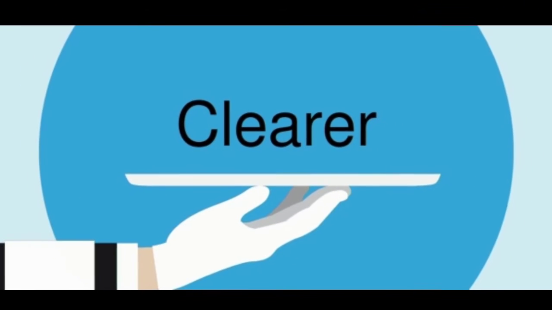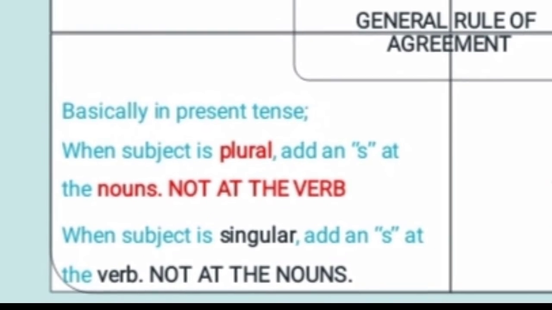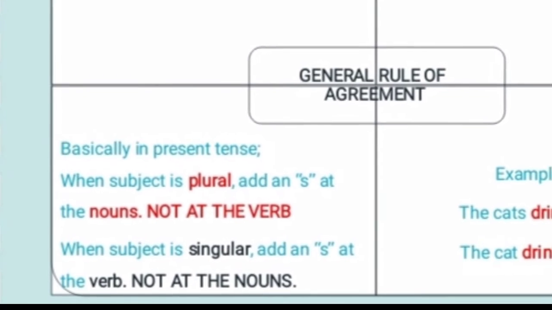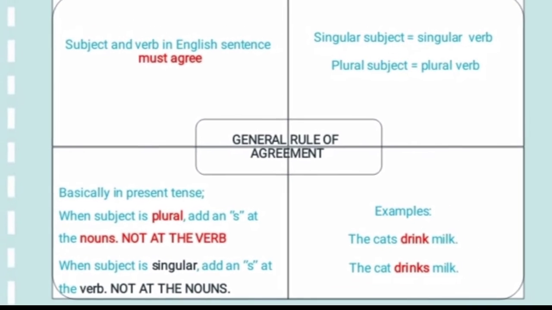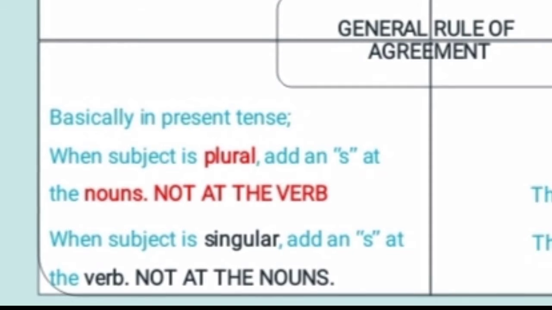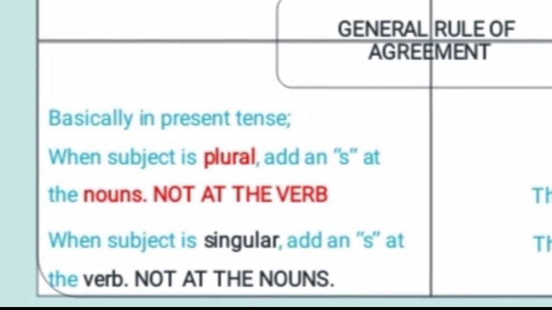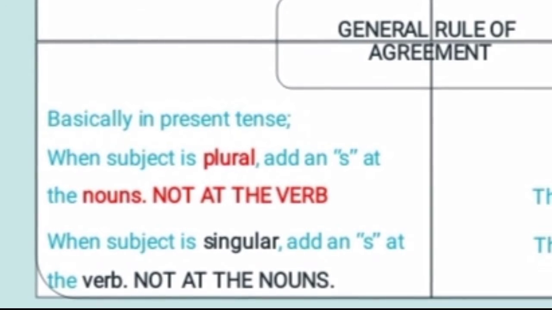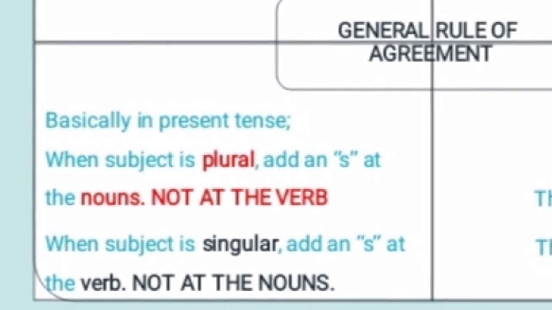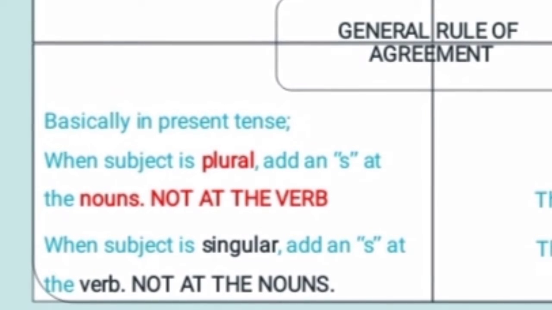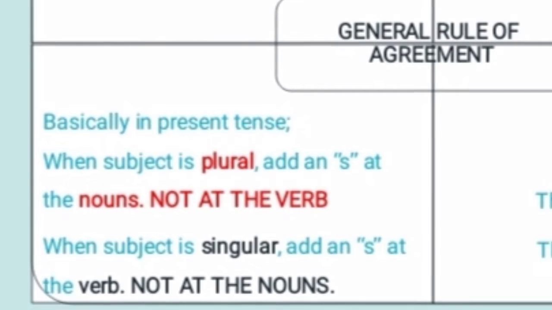To make it clearer, I am using the example of present tense to show how the general rule of agreement works. In present tense, when the subject is plural, we add an s at the noun, not at the verb. And when the subject is singular, we add an s at the verb, not at the noun.